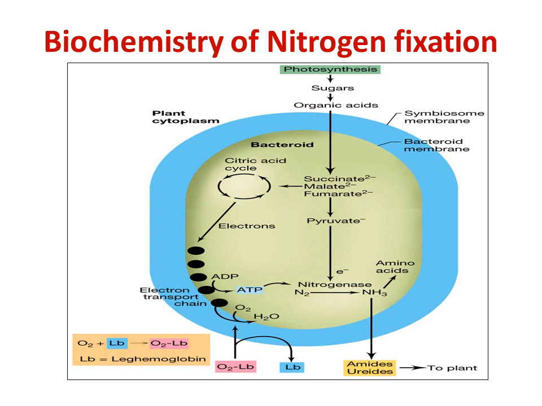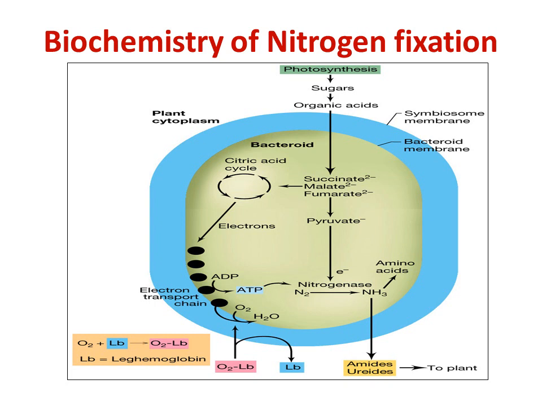Once the sugars are utilized by these bacteroids, they undergo glycolysis, and later enter the citric acid cycle, and finally the electrons and ATP are synthesized through the electron transport system.